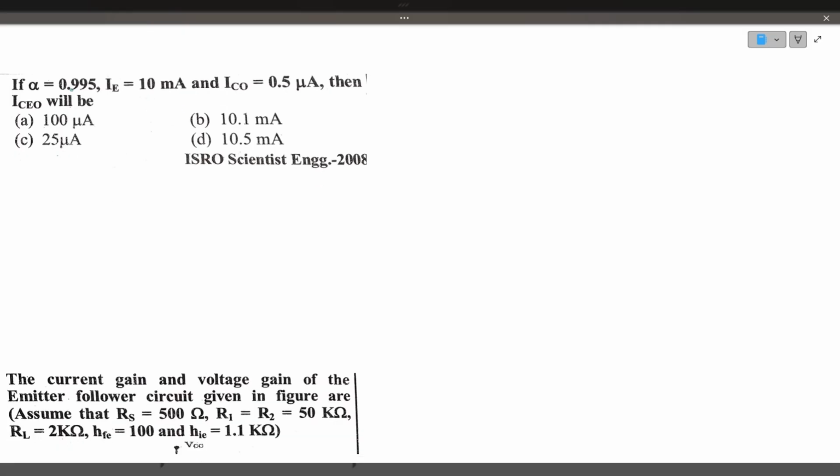If alpha is equal to 0.995, emitter current is 10 milliamps, ICO is 0.5 microamps, then ICEO is. We have already seen ICEO. The reverse current in the common emitter configuration with input terminal open is equal to 1 plus beta times ICO. But here he has given alpha. We know that 1 plus beta can also be written as 1 divided by 1 minus alpha.